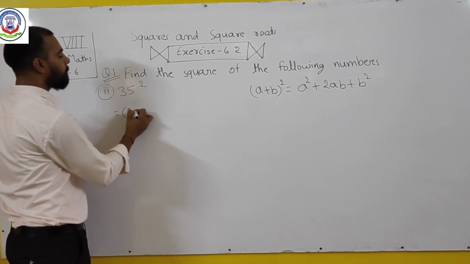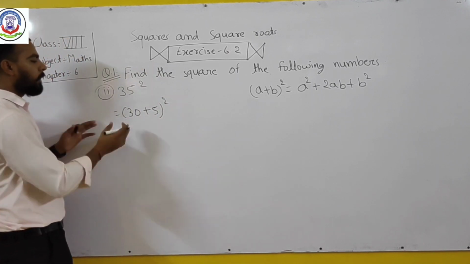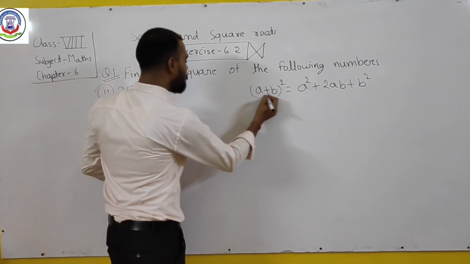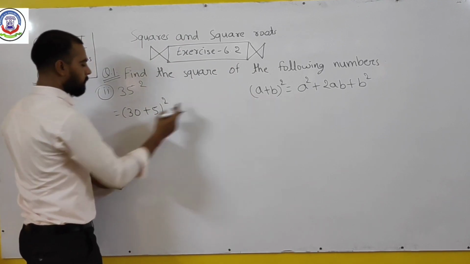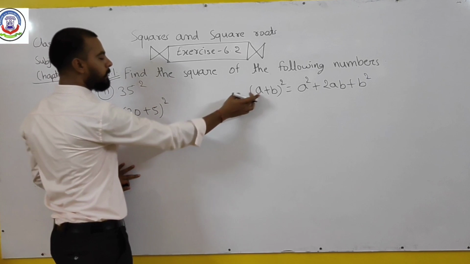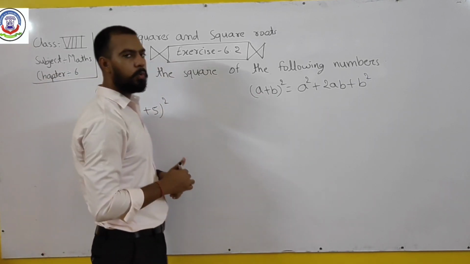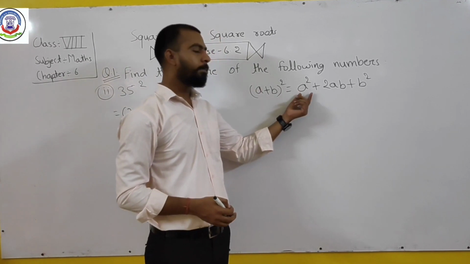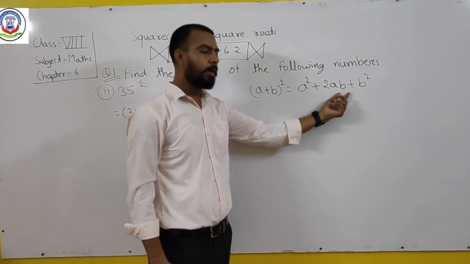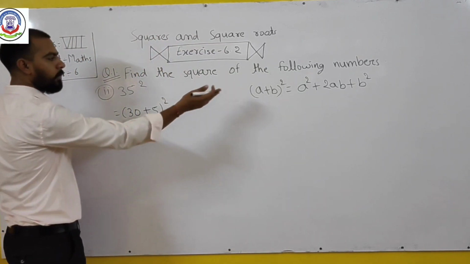35 means 30 plus 5. Now we will assume that our A is 30 and B is 5. That means we have to write 30 in place of A and 5 in place of B. Now apply this formula.